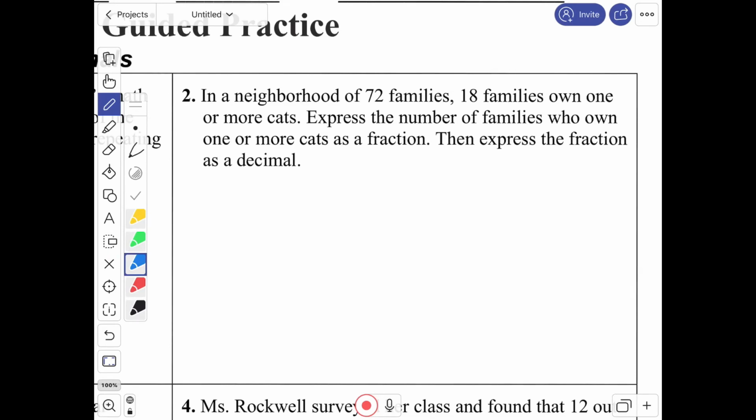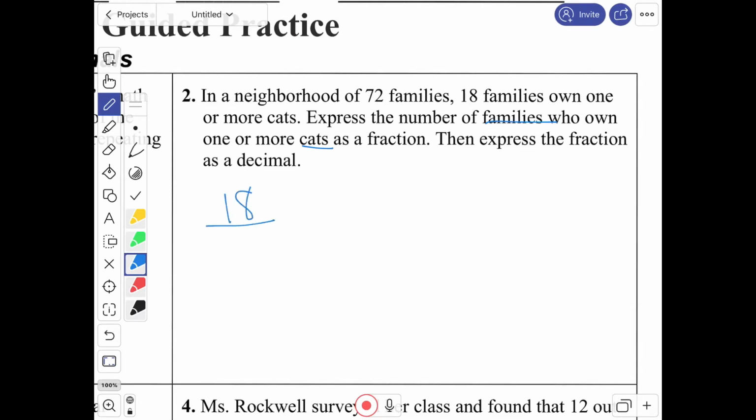Number 2, in a neighborhood of 72 families, 18 families own 1 or more cats. Express the number of families who own 1 or more cats as a fraction. Then express the fraction as a decimal. Okay, so we want to express the families who own cats.